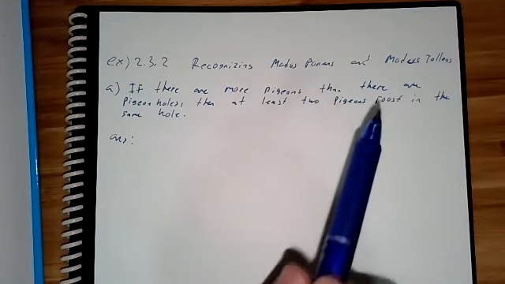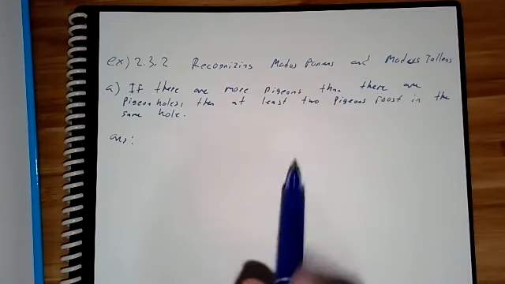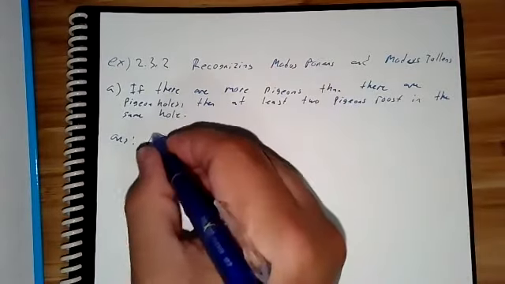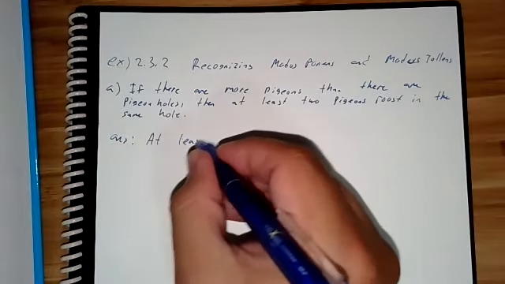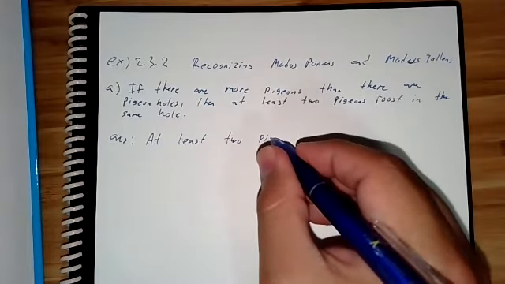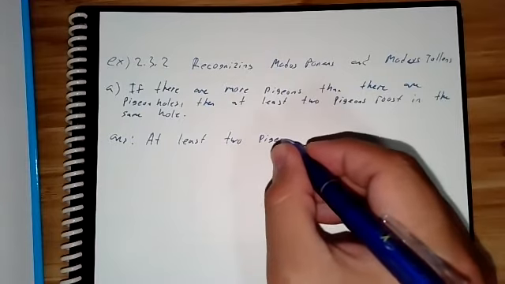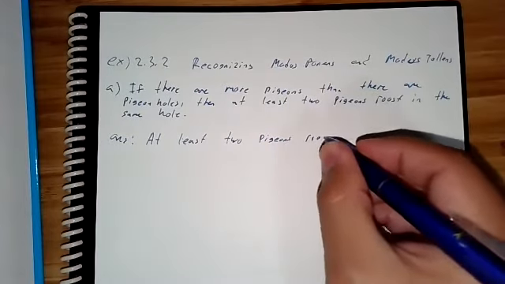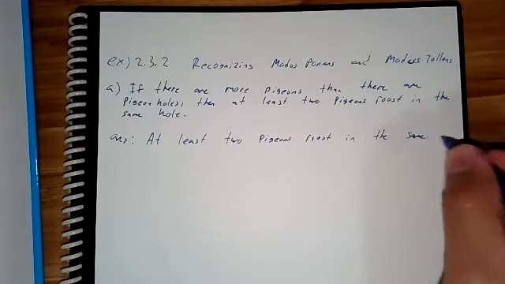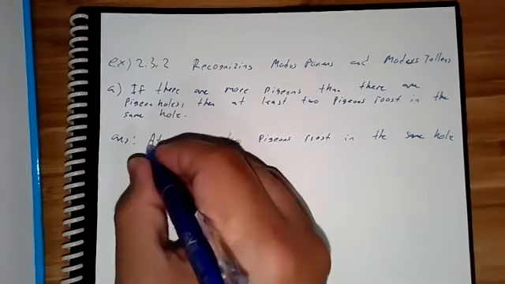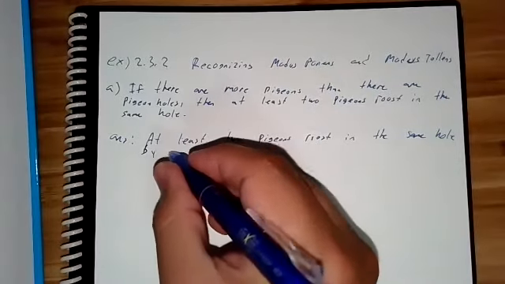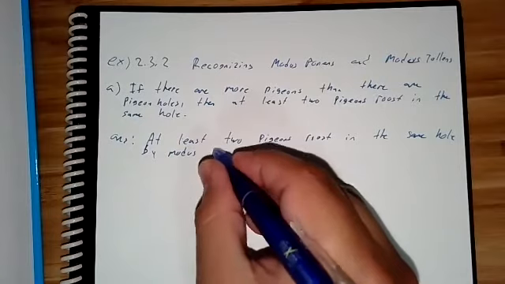So this would be a modus ponens. You have to identify what type of argument it is. So you would say at least two pigeons roost in the same hole, and this is by modus ponens.